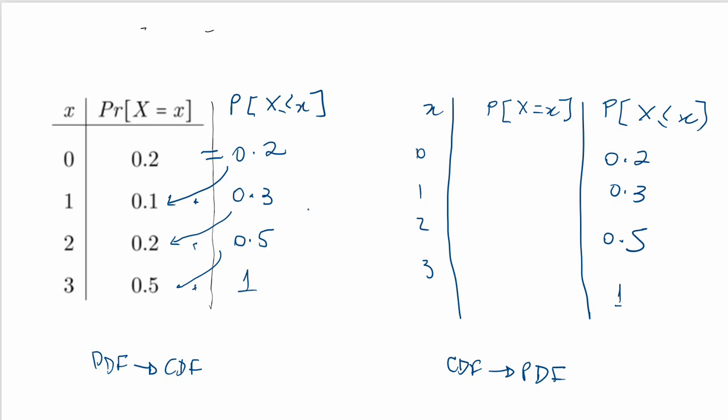All right. So now let's try to do the opposite. Let's go from the CDF to the PDF, okay? So the first thing that I know is that my first line must be the same, right? Now, I go from the bottom to the top, okay? And I will use the algorithm. I'm not going to reason about the numbers. I'm using the arrows to just guide me. So what is happening?